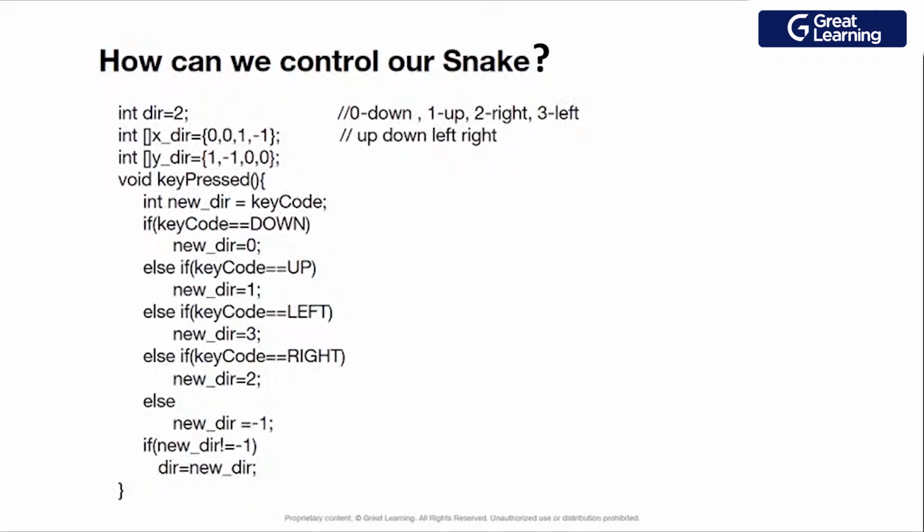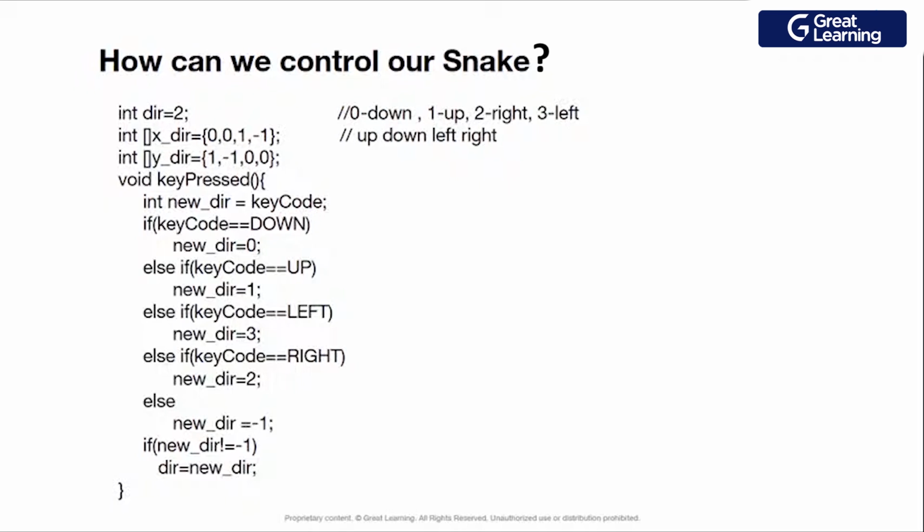Once this function is called, we will get the code from it and check: does this key have the same code as DOWN? So here we have these four keywords, you can call them keywords. These DOWN, UP, LEFT have a specific meaning, right? So whenever we press a down key, this will change the direction that we use, right?